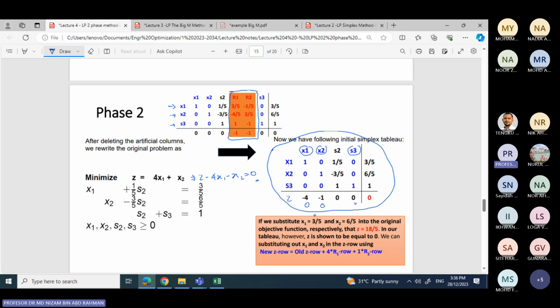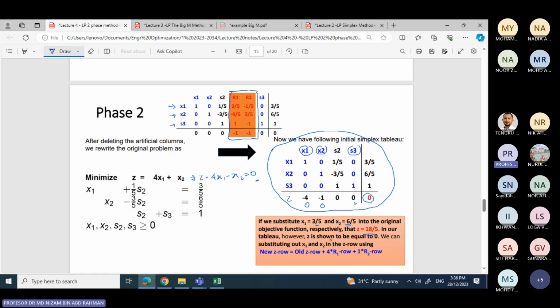We have to fix this inconsistency, because if I plug these values into the objective function Z equals 4x1 plus x2, substituting x1 equals 3 over 5 and x2 equals 6 over 5, what you get is 18 over 5. However, in the tableau it is 0, so there's an inconsistency.